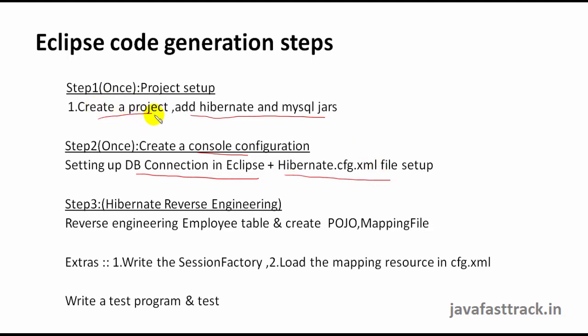Step 3 is called the reverse engineering procedure. In step 3, starting from a table, you can automatically generate the POJO and the mapping file. Apart from this, we have a few extra things to perform.